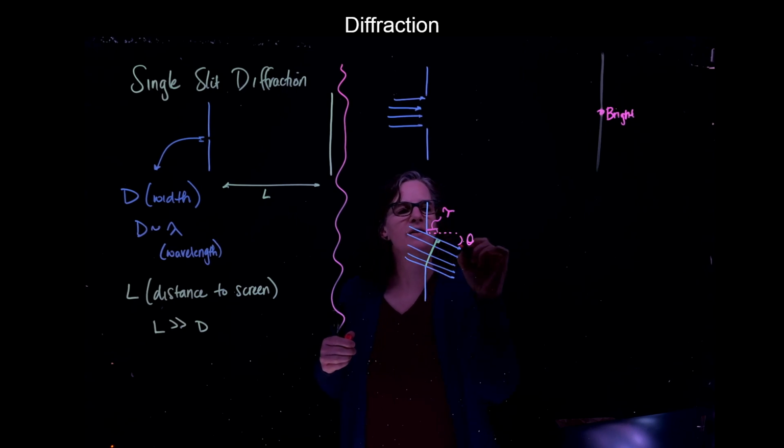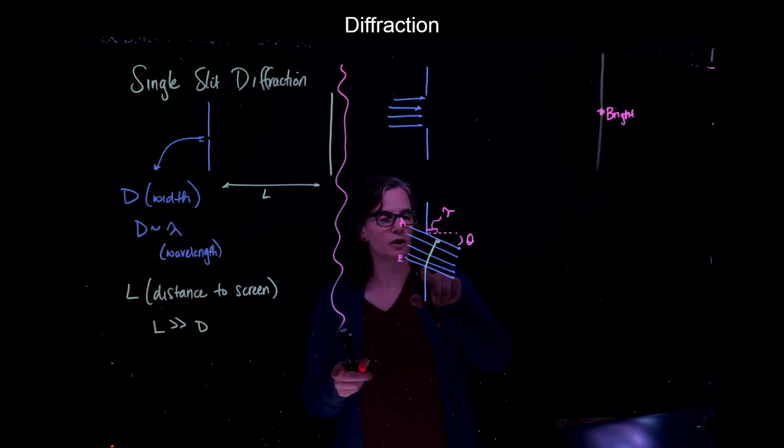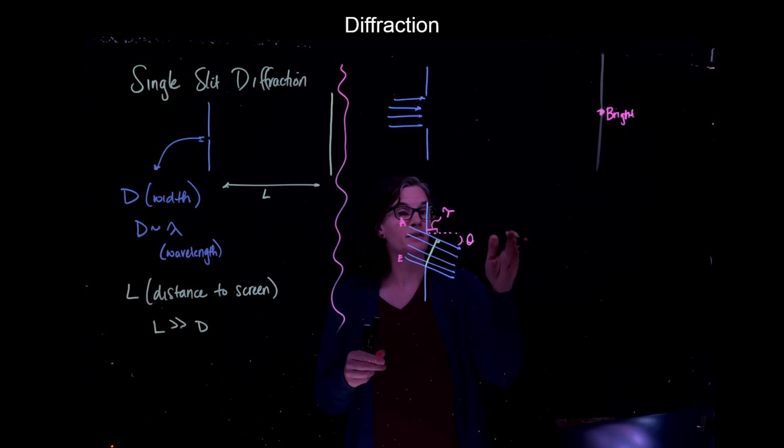This ray of light on the top, we're going to call it ray A, and this ray of light on the bottom, A, B, C, D, E. Ray A travels one wavelength further than ray E travels when they hit the screen.